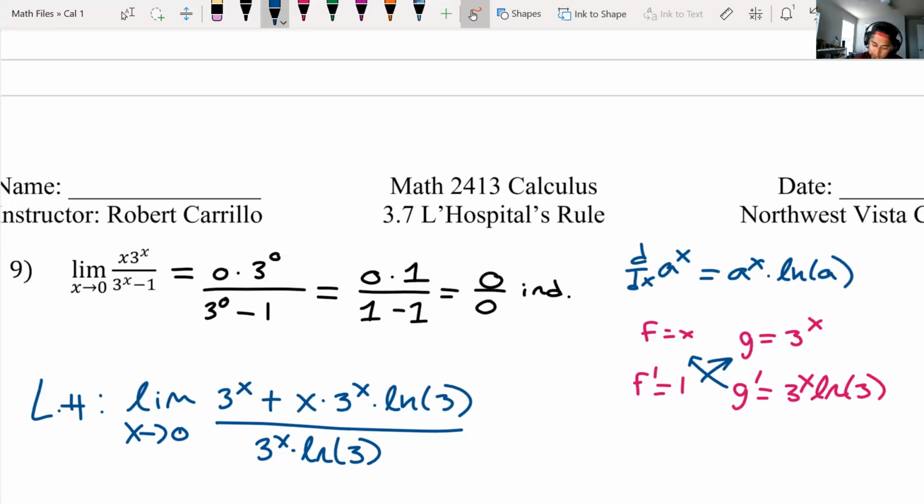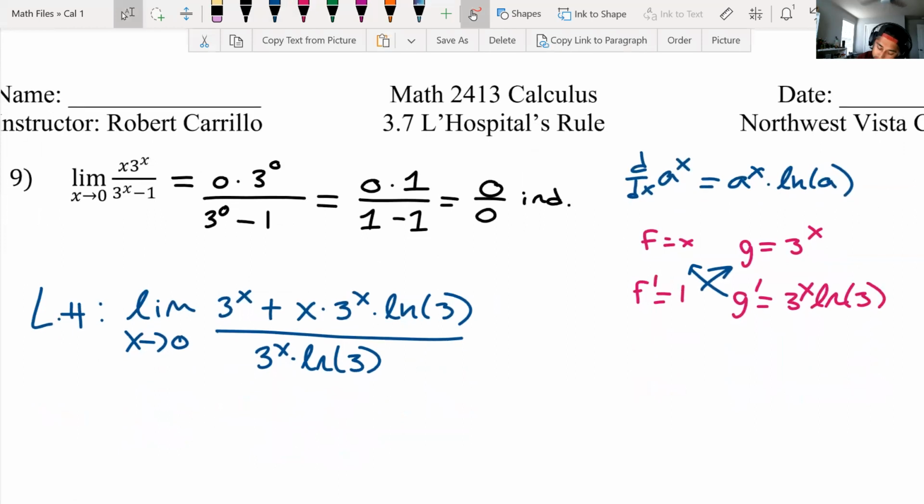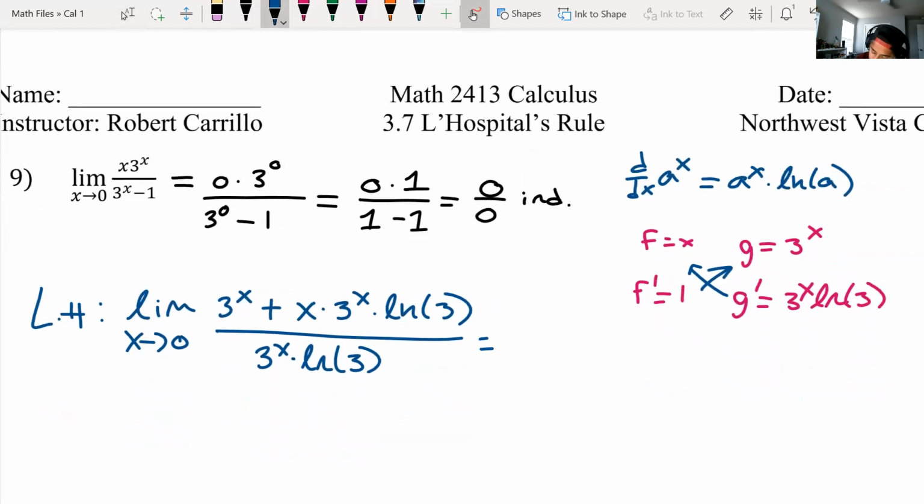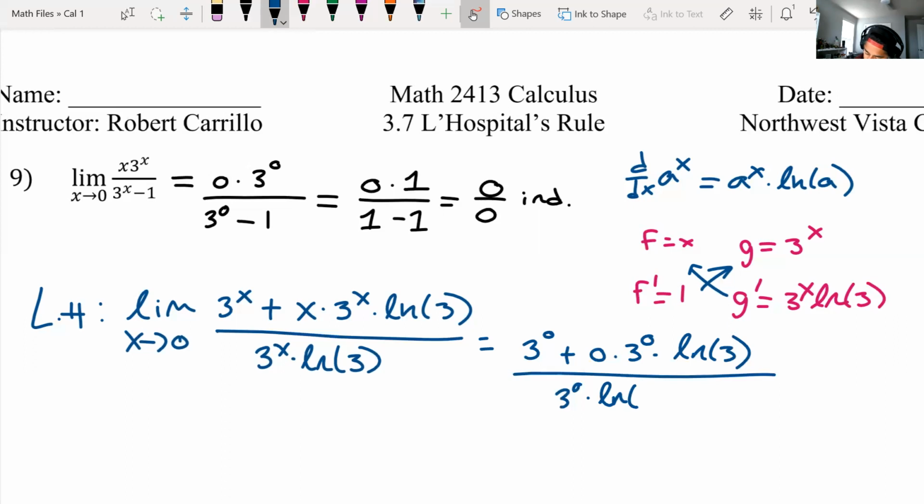So now let's just plug in 0 and see what happens. You get 3 to the 0th plus 0 times 3 to the 0th times the natural log of 3 over 3 to the 0th times the natural log of 3.